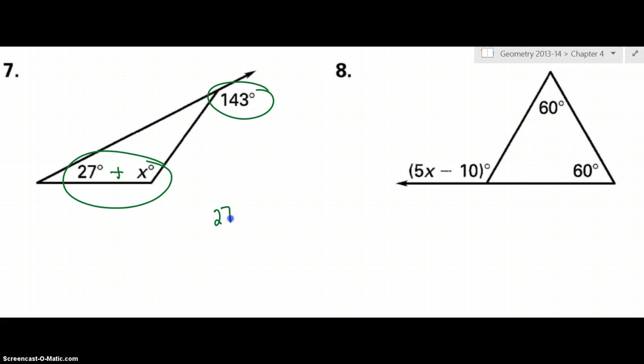So 27 plus x equals 143. If you subtract 27 from both sides, you get x equals 116. Now again, if you did not know that, you can use your prior knowledge by finding this angle right here first and then adding them all up and subtracting from 180 because there's a triangle.